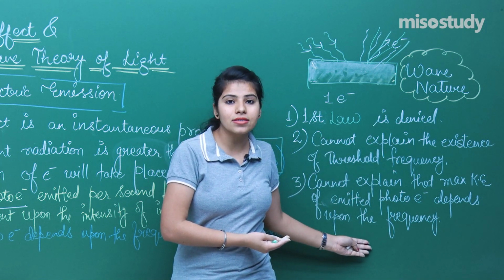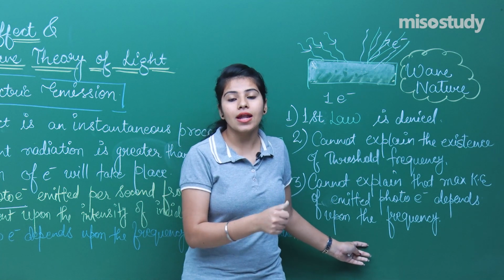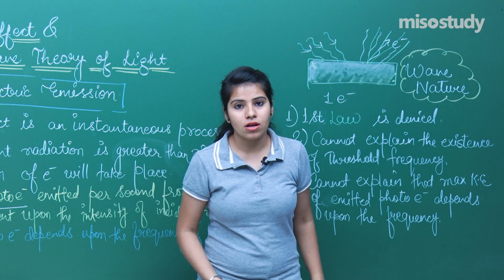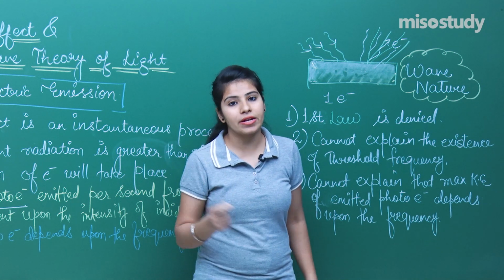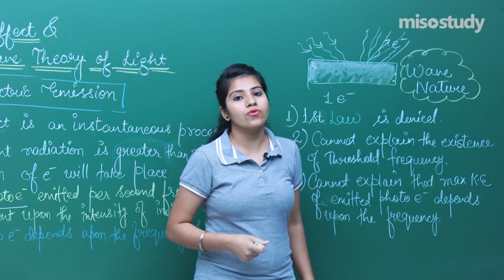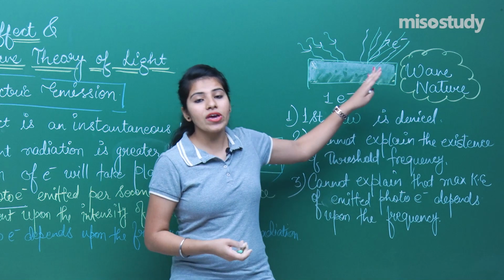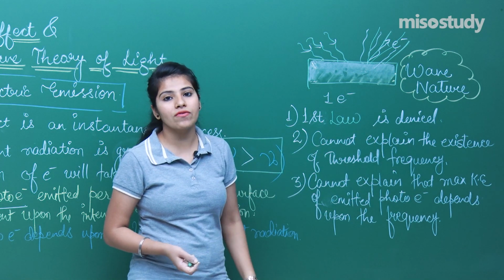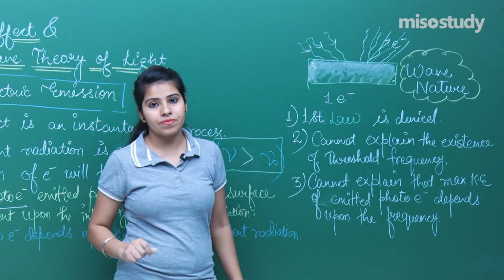After watching these things, we can say light is not showing the wave nature, but light is showing the particle nature. The chapter name was dual nature of radiation and matter. We have seen the wave nature of radiation. Here, because light is not showing the wave nature, light is showing the particle nature.